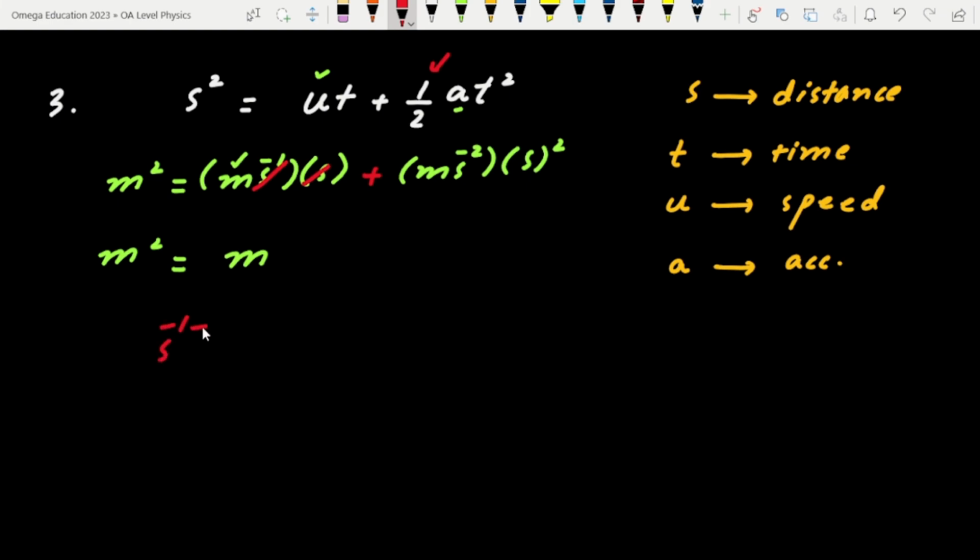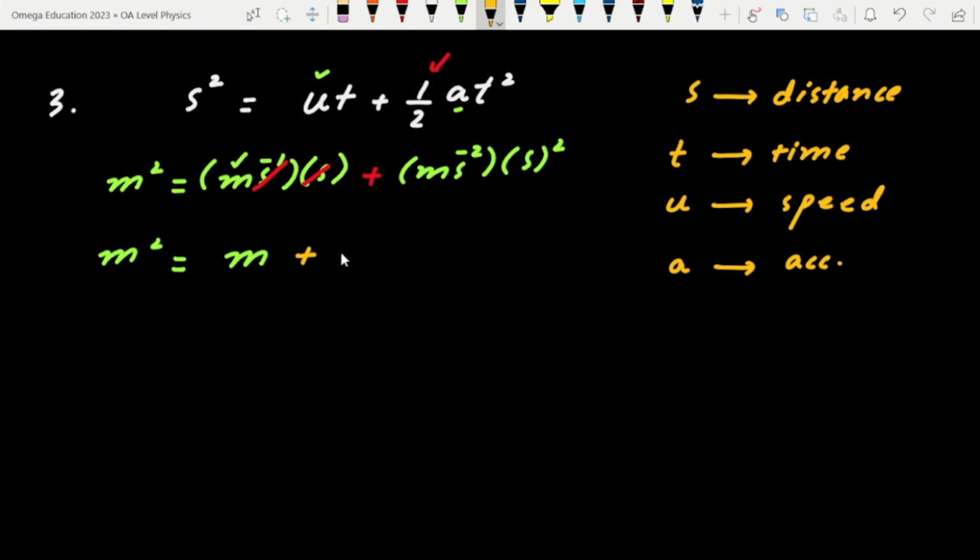You have s^-1 plus 1, you're left with s power 0, which is 1. So nothing from here. And matter of fact, till this step, you should be getting your answer that this is a non-homogeneous equation. But let us complete it anyway.